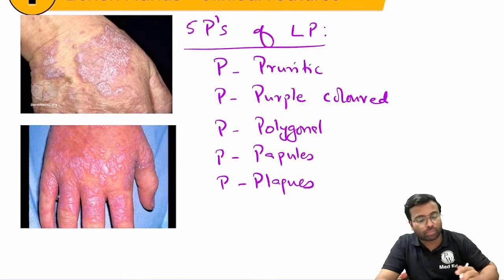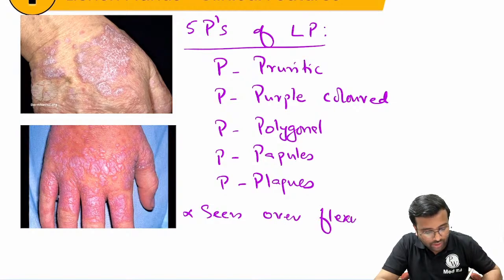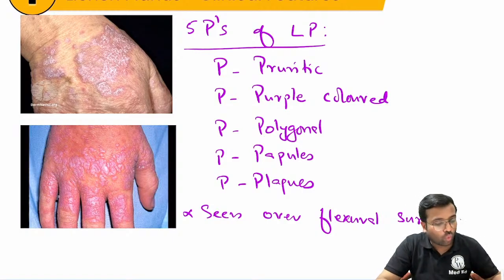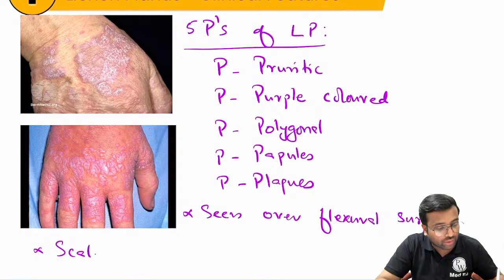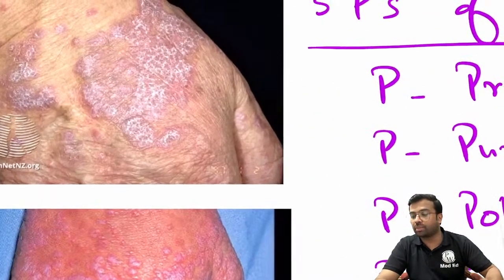The second important point is this is seen more commonly over flexural surfaces. And what do you have to say about the scales in lichen planus? I'll just zoom this image for all of you.